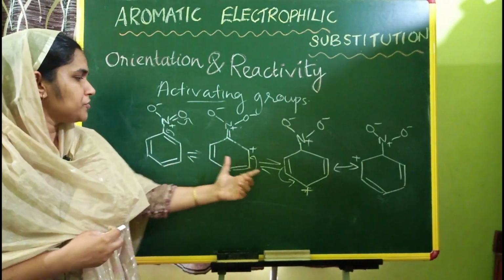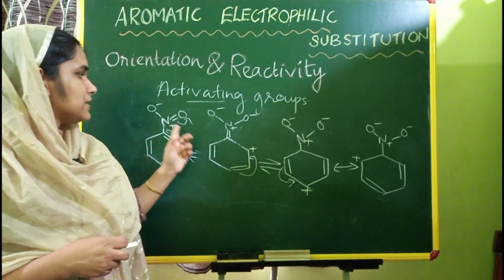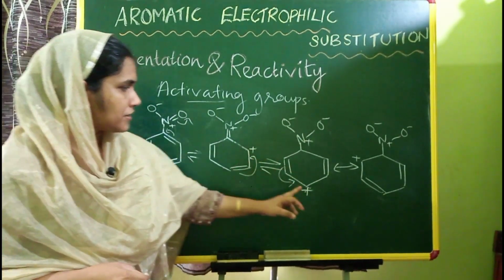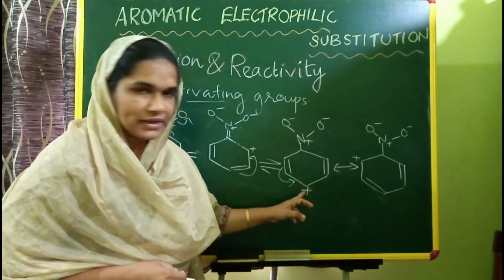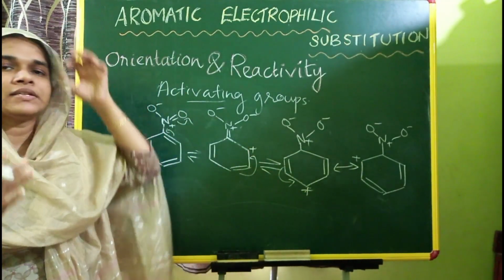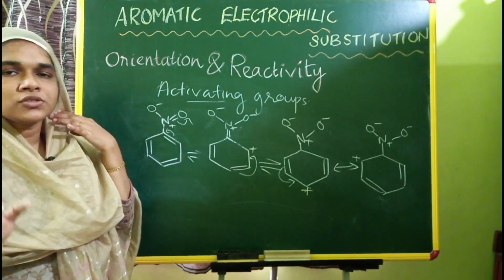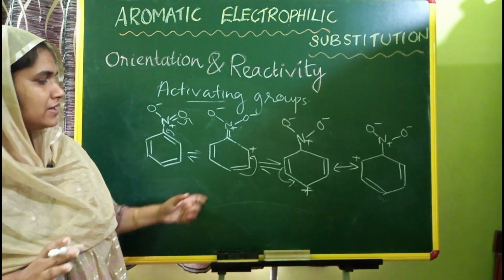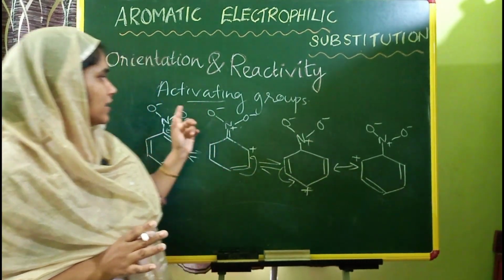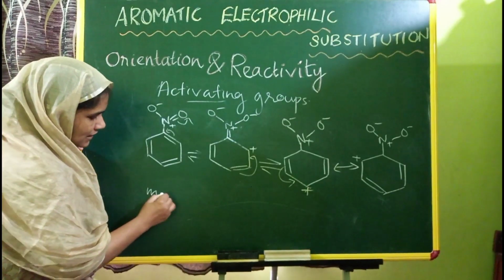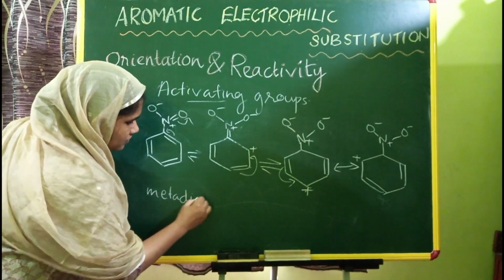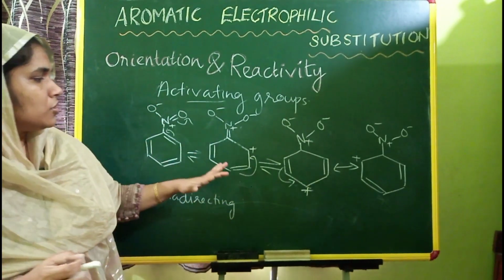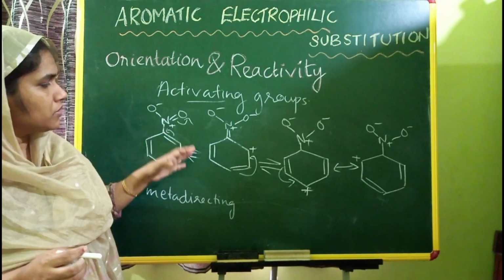So if you write the resonating structure of nitrobenzene, you can see that there is a positive charge at the ortho and para positions. So a positively charged electrophile does not approach at ortho and para. The comparatively electron-rich position is meta. That is why such groups are called meta-directing groups.